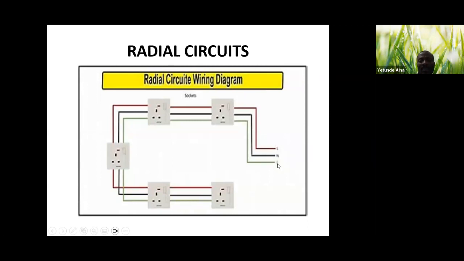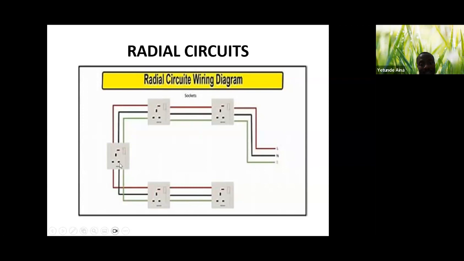Here is the consumer unit, your distribution board. This side is fed, this side is fed, this one, this one, this one, and this other one. Now what do you notice? If there is a problem along the line, let's say there is a problem here, then you have already cut the entire supply.